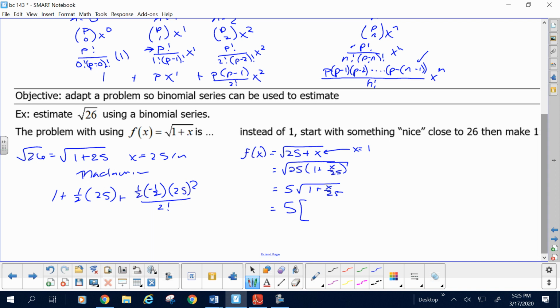So we could use a series with an x of 1, and that would be equivalent to the square root of 26. And I just forgot my square root, yeah?